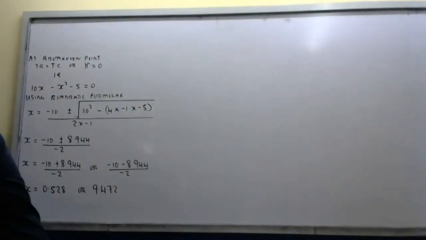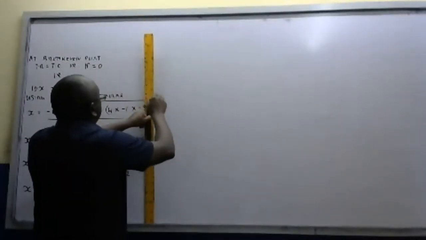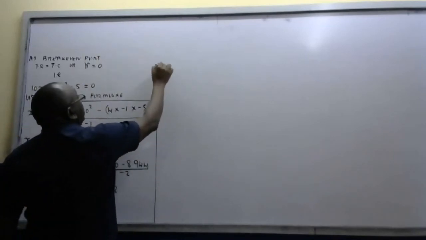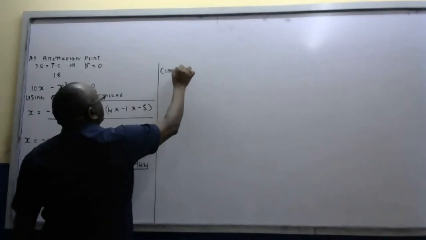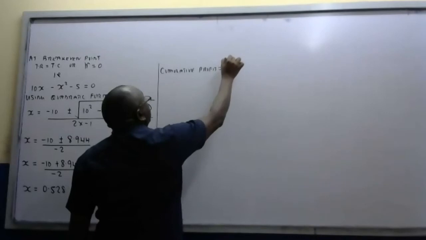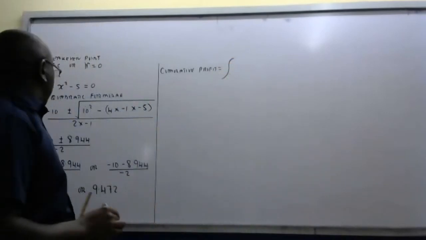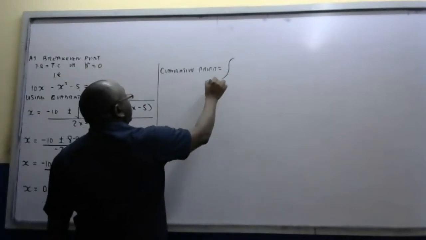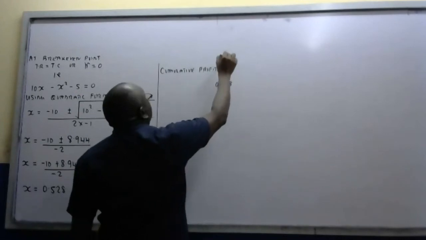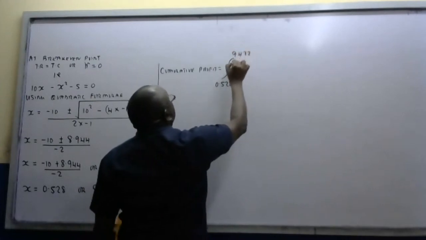So when you're told to get the cumulative profit, it is the integration from the lower limit, 0.528, to the upper limit, 9.472.